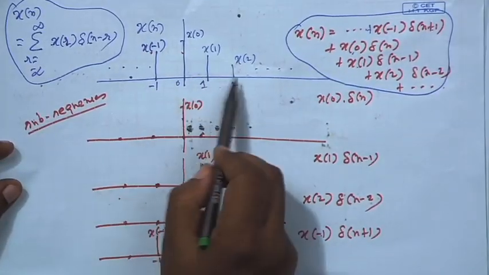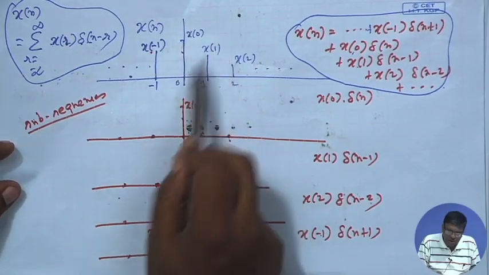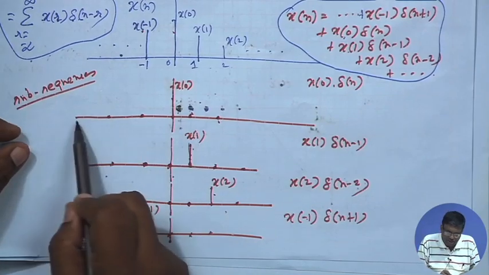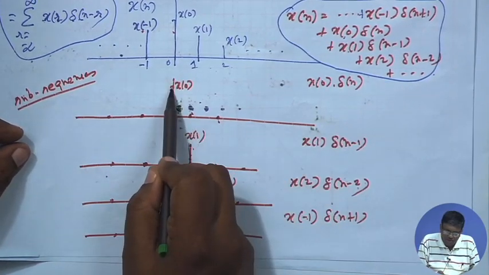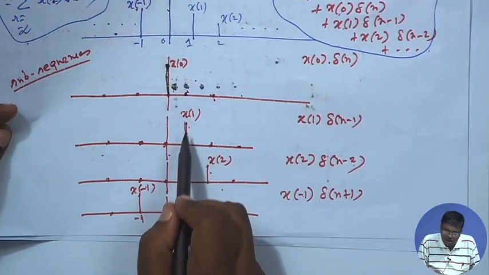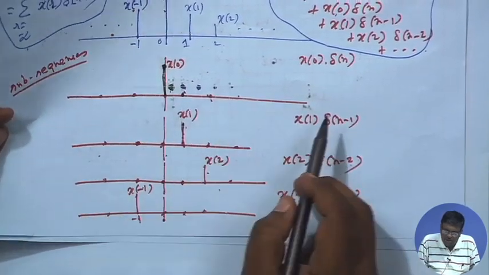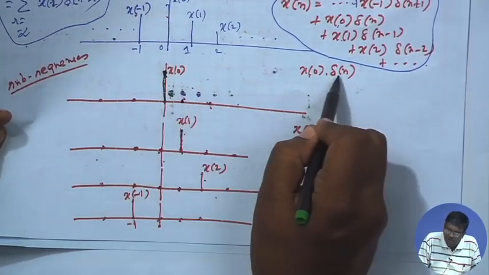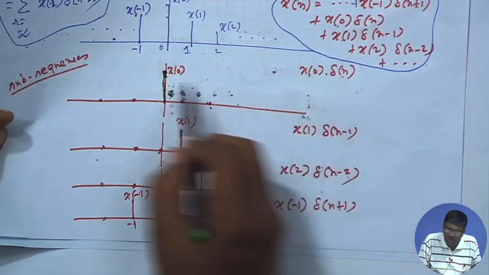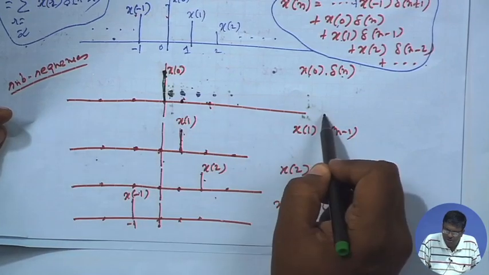Suppose this is a sequence x[0], x[1], x[2], x[minus 1] like that. This is the same as starting with one subsequence with one sample here, x[0], and all are zeros. This is nothing but x[0] into delta[n], because delta[n] has 1 here and 0 everywhere. If you multiply it by x[0], 1 becomes x[0], zeros remain 0.